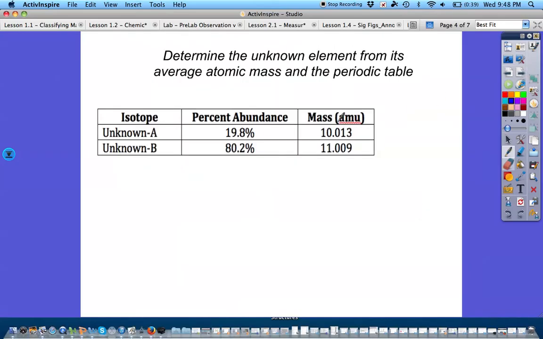We can also use the average atomic mass to identify an unknown. So we're going to follow those same steps. Move your decimal 2 times to the left on your percent.